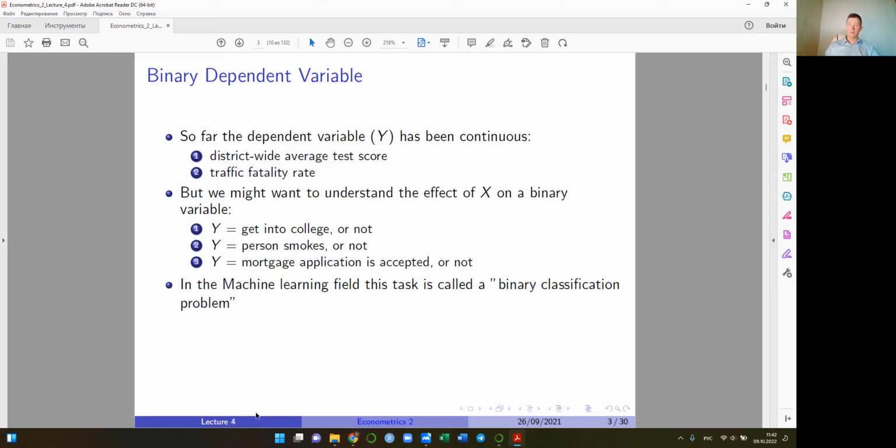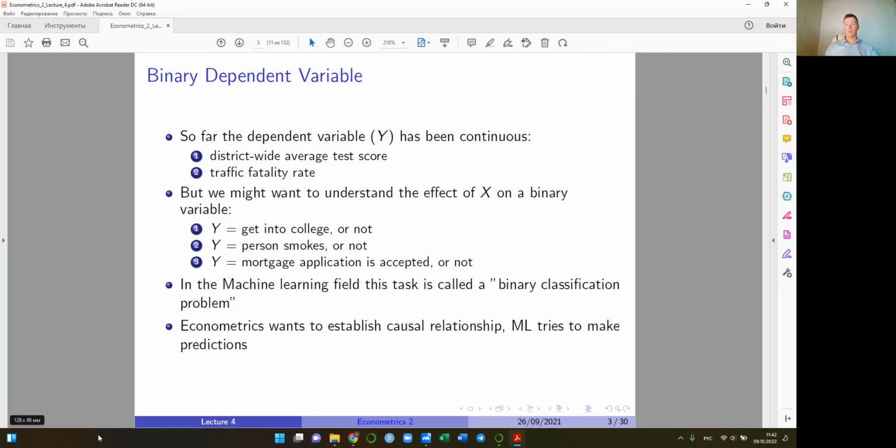In machine learning, the similar task is called the binary classification problem. So you need to classify your object into one of two possible groups or classes. And in econometrics, our primary goal is to establish the causal relationship between some variable x and this binary dependent variable.